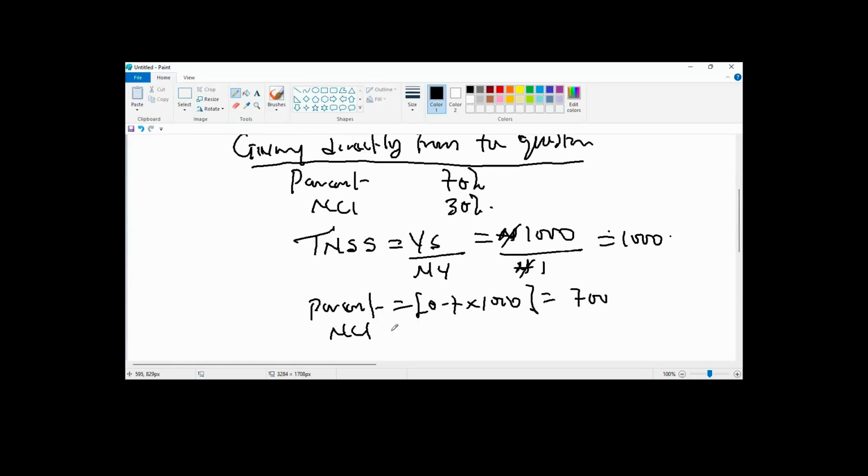NCI now, 0.3 times 1,000 to give me 300. That's all. Any issue?